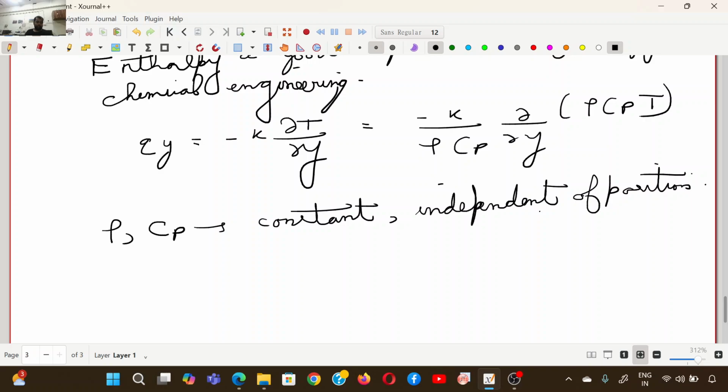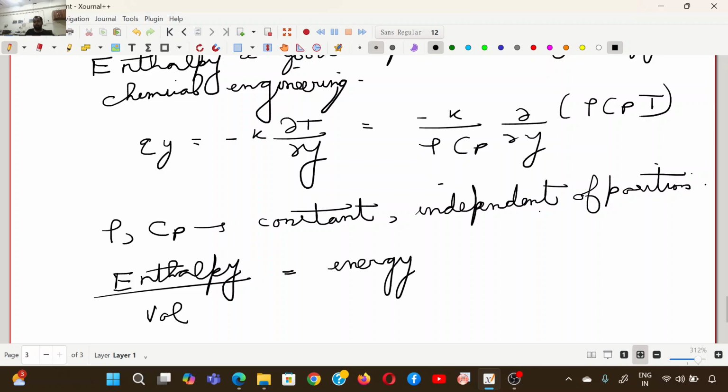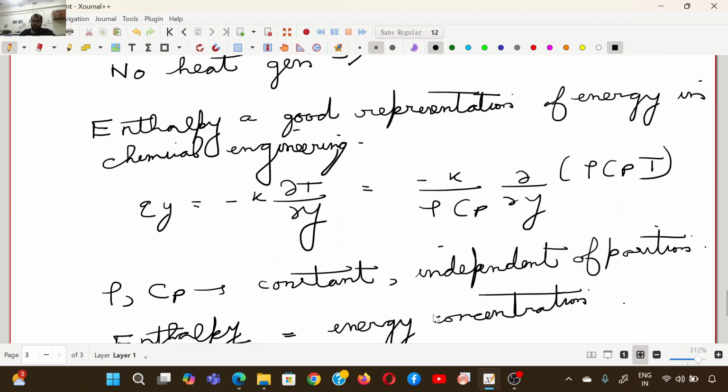And enthalpy by volume, like mass by volume is density, so it's a concentration of mass in the system, enthalpy by volume is the energy concentration.